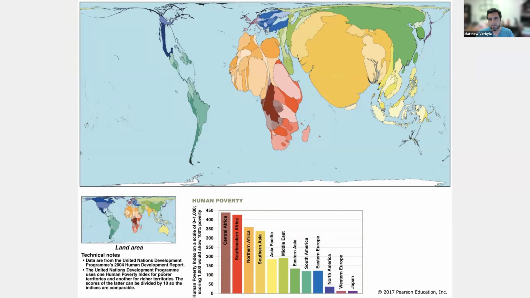You can see India, many countries in sub-Saharan Africa showing up as very prominent in this map, as they have larger populations and also high human poverty index, right? So human poverty has a lot to do with affluence, environmental impact, and also population growth, which we'll talk about in a minute, right?